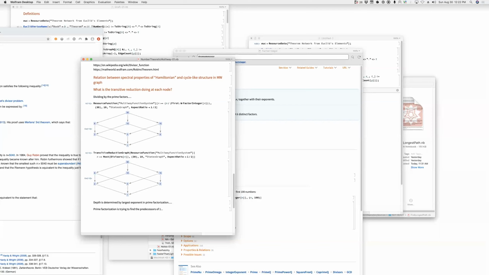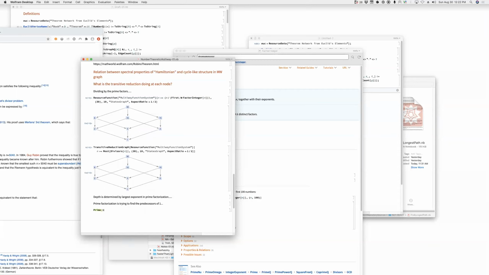If I take a product of 2 large primes, I'm simply going to get a very simple picture. So if I say prime of 1,000 times prime of 1,001, I'm not convinced that the difficulty of prime factorization has any meaningful interpretation in this. No, I don't think it does. All the factorization is done by the evolution function. Yes, I agree with you.